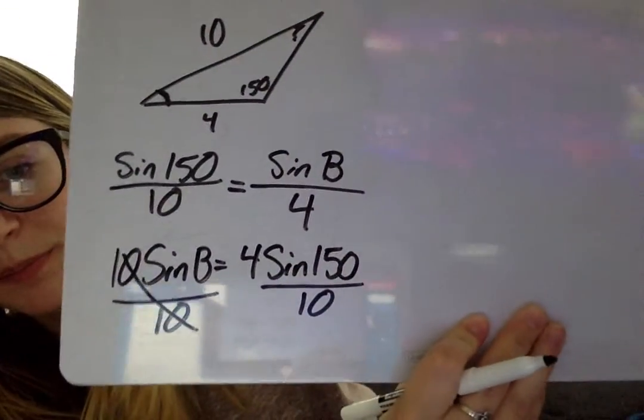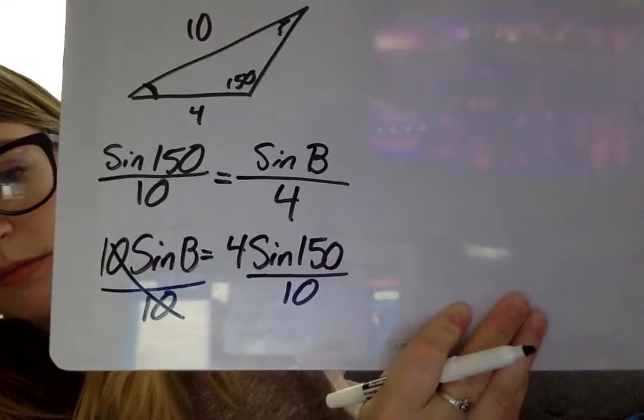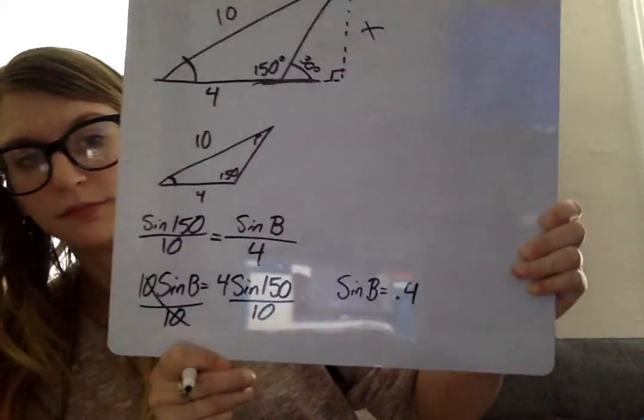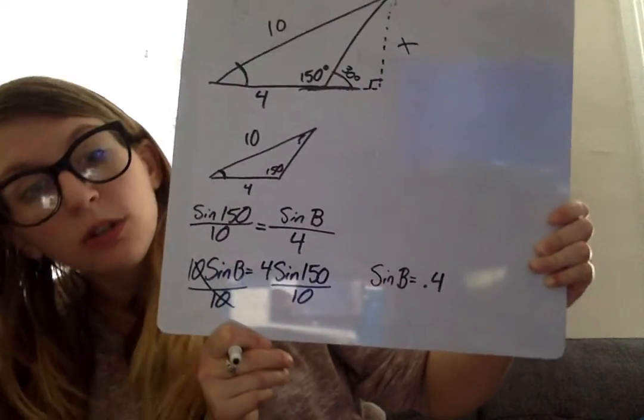See my work? And then we're going to get a value. So we're going to do 4 sine of 150 divided by 10, and we get sine of b equals 0.4. In order to solve for that angle, we're going to take the inverse sine.